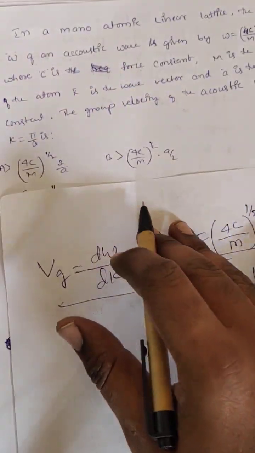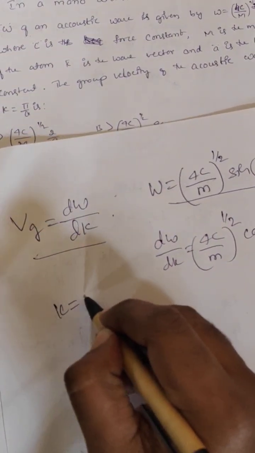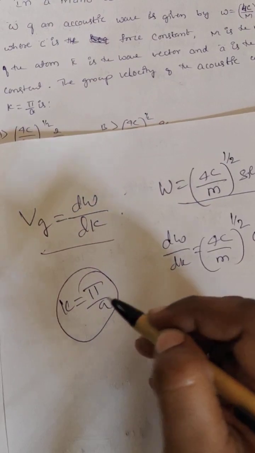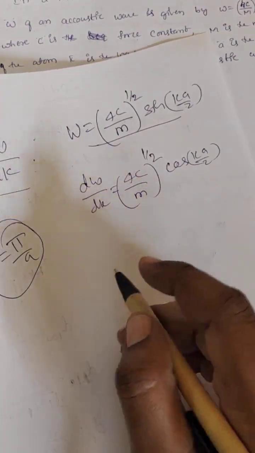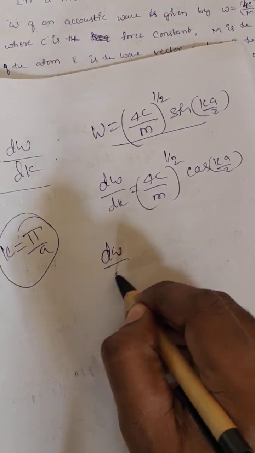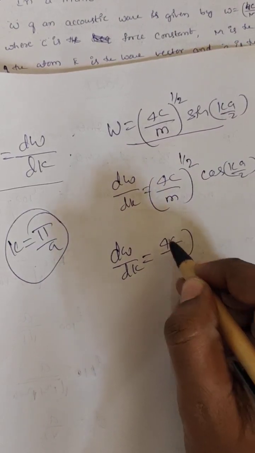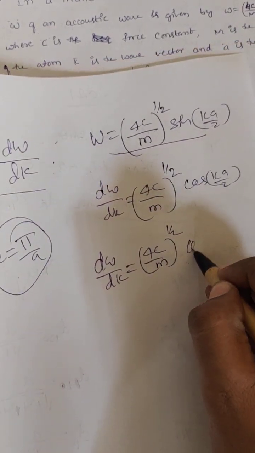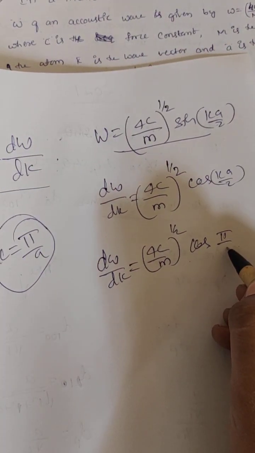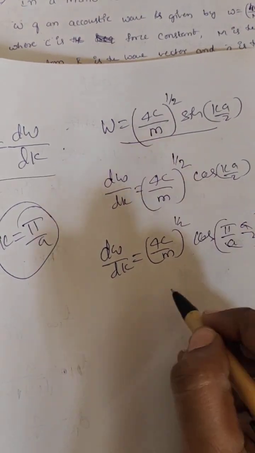And they are given the condition that k is equal to pi by a. If you substitute k equal to pi by a, then d omega by dk is equal to (4c divided by m) whole power 1 by 2 into cos(pi a by 2a), and a cancels.